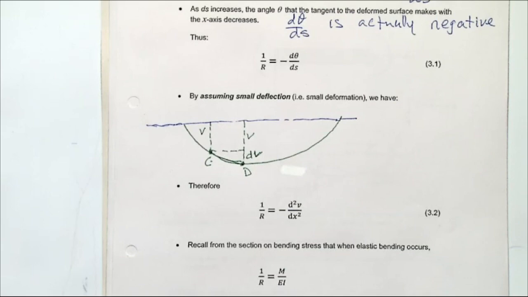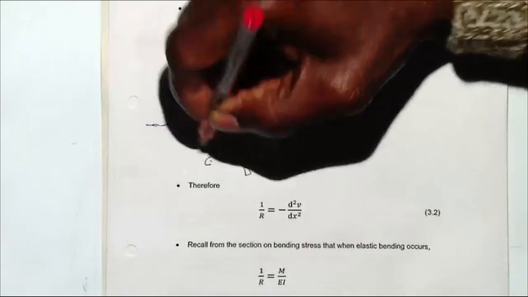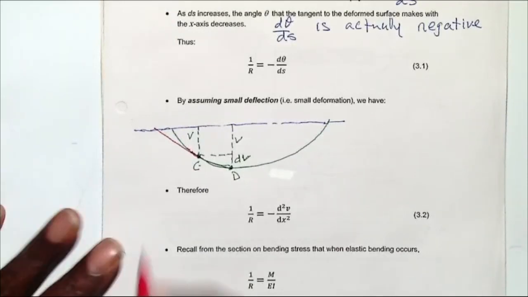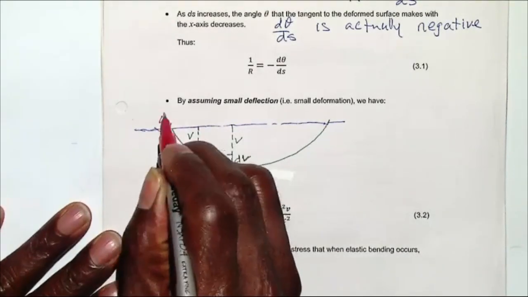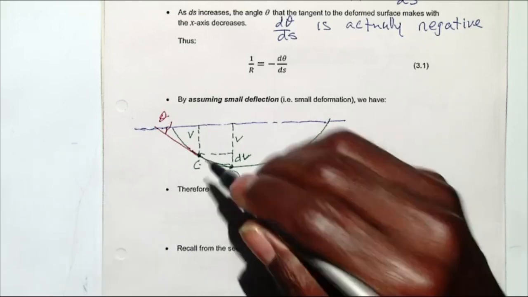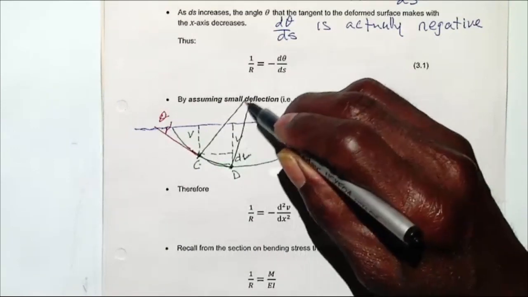Okay, so that's the actual downward movement. Now I want to do the angle theta. The angle theta is the tangent to point C, and that angle there is theta. If we go back to the definition of radius of curvature, the radius of curvature will come from here, like that, and from here, all the way like that.